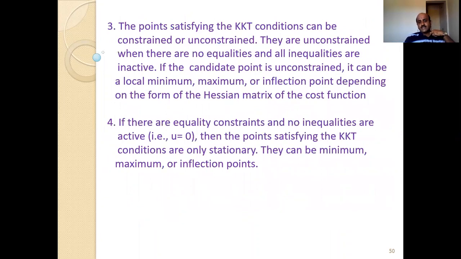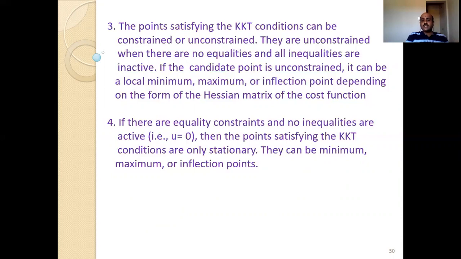Next, the points satisfying the KKT conditions can be constrained or unconstrained. They may be unconstrained when there are no inequalities and all inequalities are inactive. The points satisfying the KKT conditions can be constrained or unconstrained, whatever the points may be. They are unconstrained when there are no inequalities and all inequalities are inactive. So when do we say the problem is unconstrained? When there are no inequalities and all inequalities are inactive.